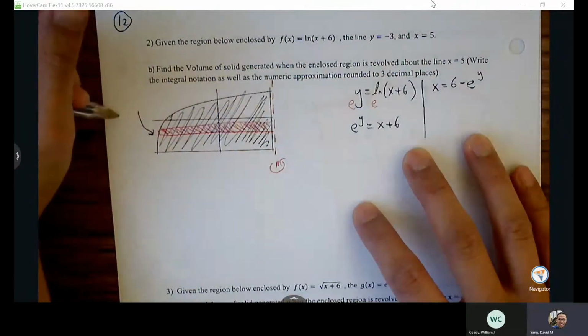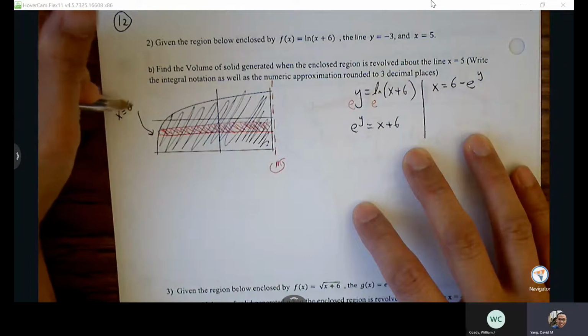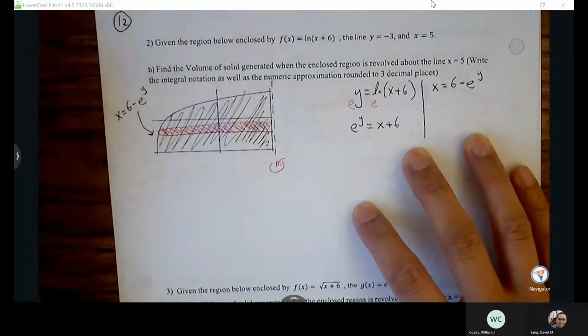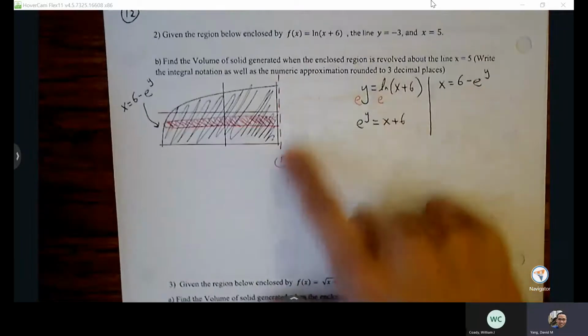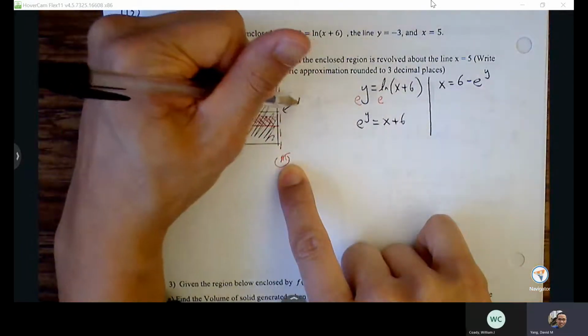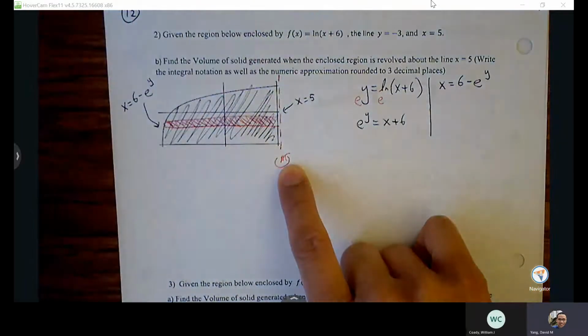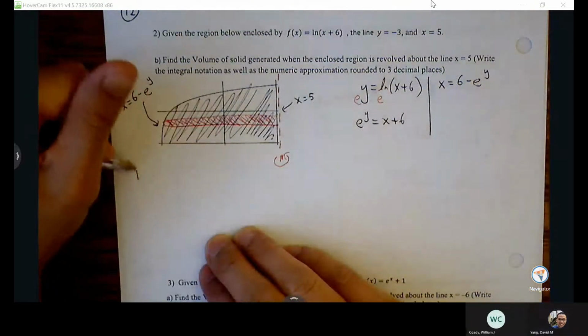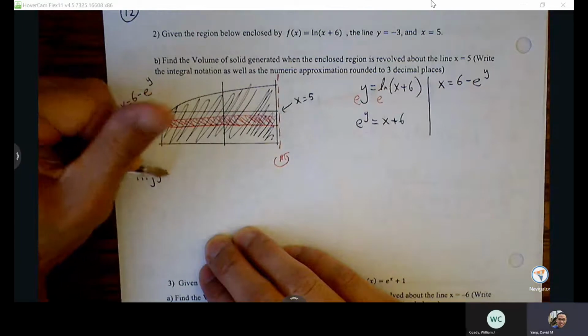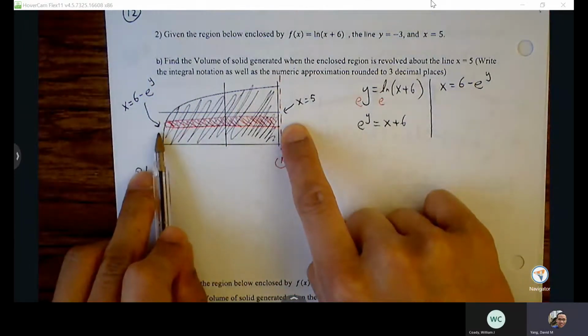That's the curve here. This line is x equals 5. Big radius, 5 minus parentheses.